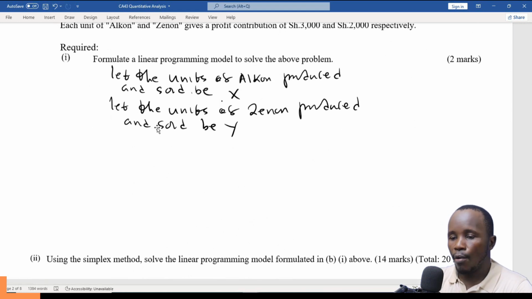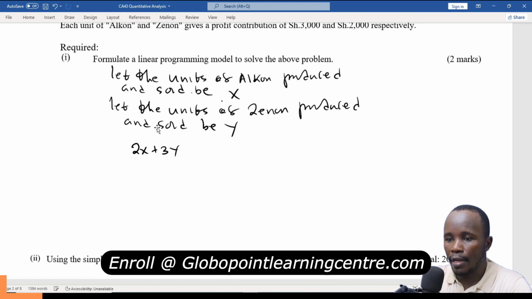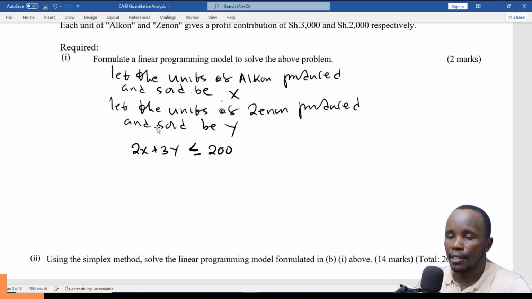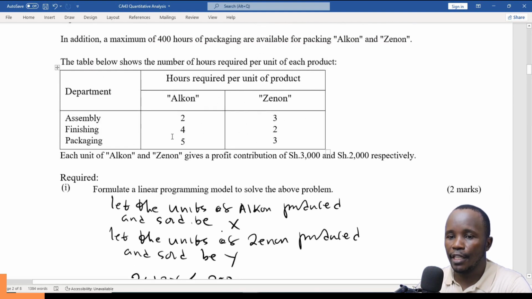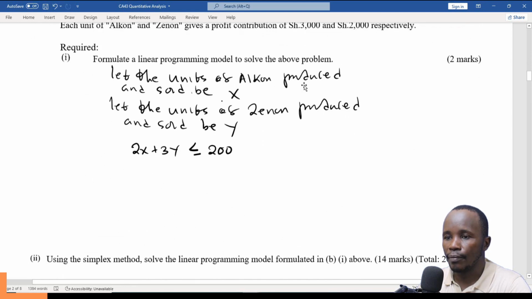So, our inequalities will be, the first one is 2x plus 3y is less than or equal to 200. Where am I getting 2x? Here, I'm saying if I take 2 times the number of units of Alcon, which is x, plus 3 times the number of Xenon, which is y, I should get less than or equal to 200.